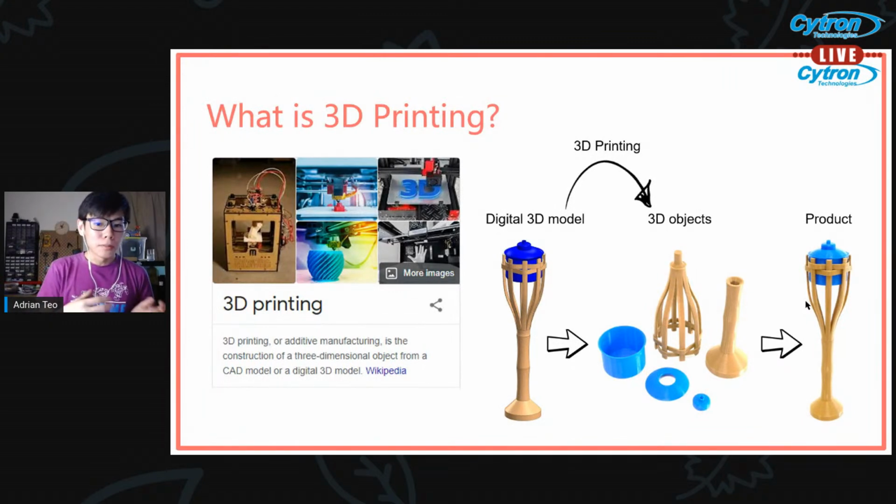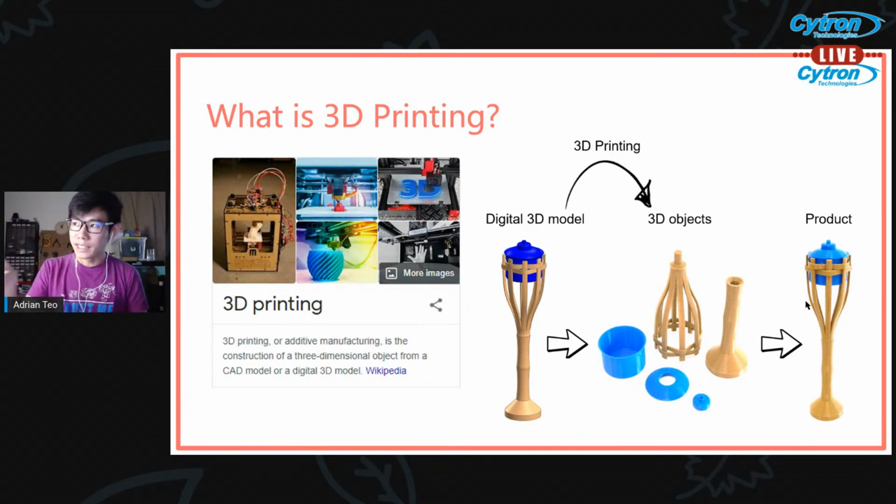So let's focus much more on the digital 3D model. How do we get this 3D model? There are a lot of tools. We call them CAD tools, CAD. It's computer aided design software where you use your imagination or specific tools to create a 3D model of a specific object.